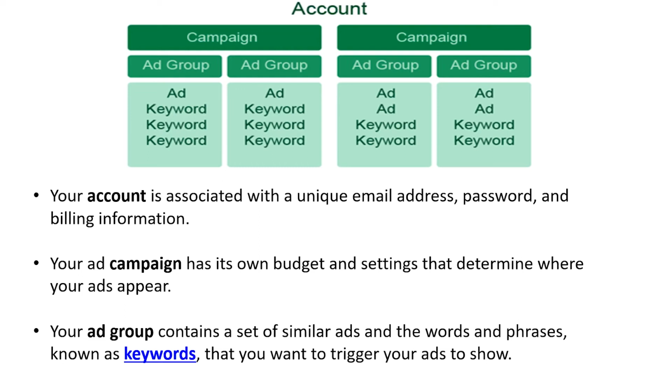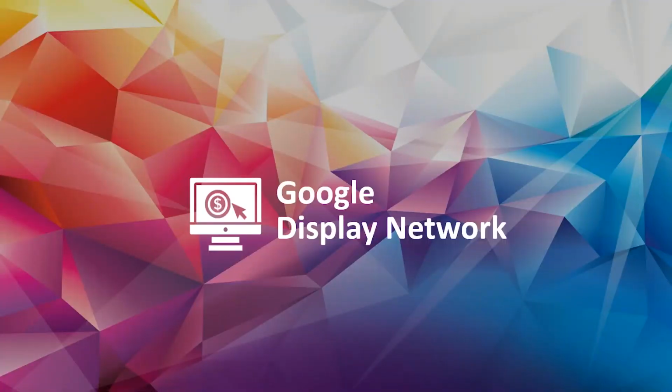So if and only if you have included the keyword in the ad group, and you have created a relevant ad which has a high quality score, the keyword has a high quality score, then the ad has a chance to enter the auction. And if it is eligible for the auction and it wins in the auction, then it is shown on the top position. So this was all about that.